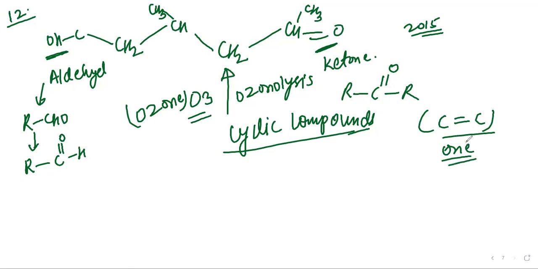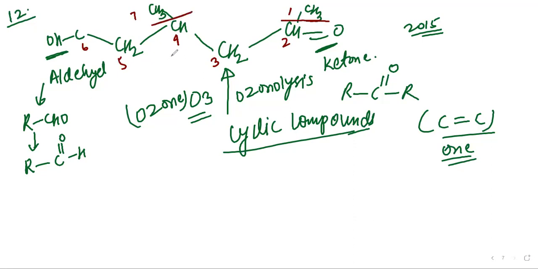Right. So count here. How many carbons are there? Count total 1, 2, 3, 4, 5, 6, and 7. So this is in the branching, this part and this part. Right.